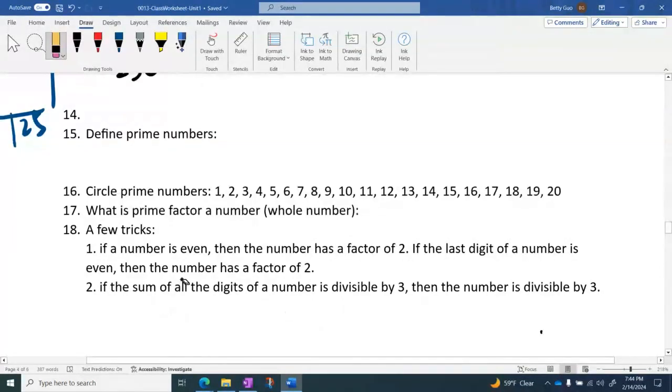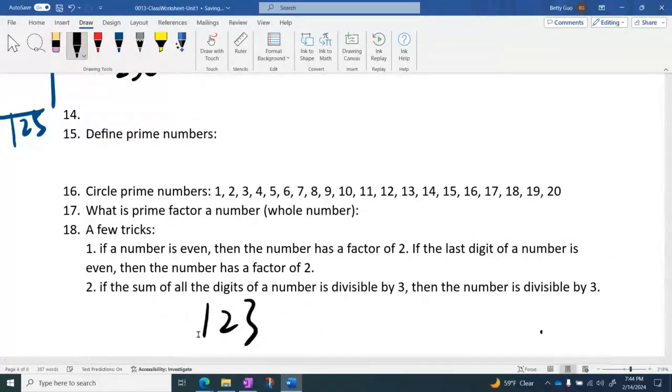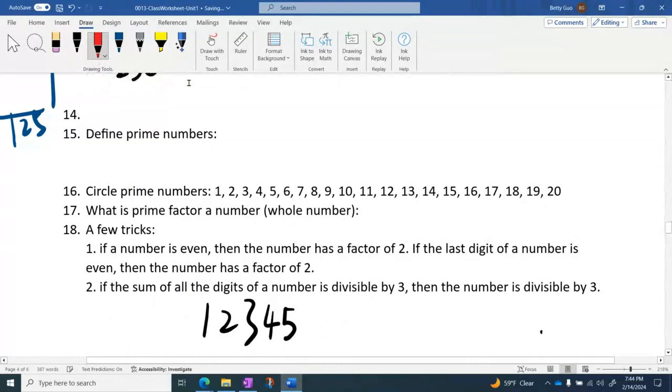So now I give you a bigger number. For example, 1, 2, 3, 4, 5. How do we know? This is a very large number. How do we know if this number is divisible by 3? Yes, it's divisible by 3.